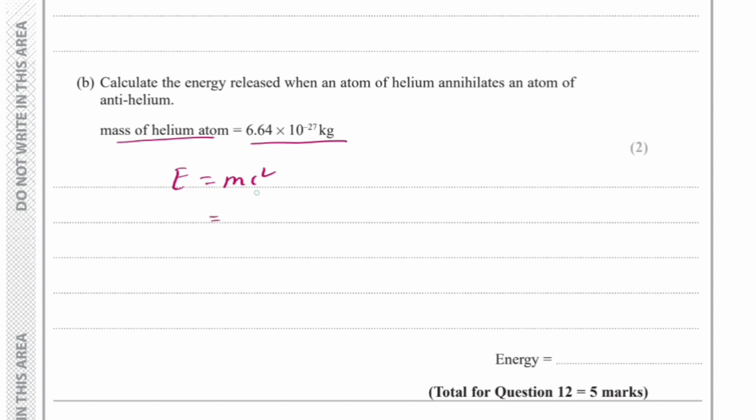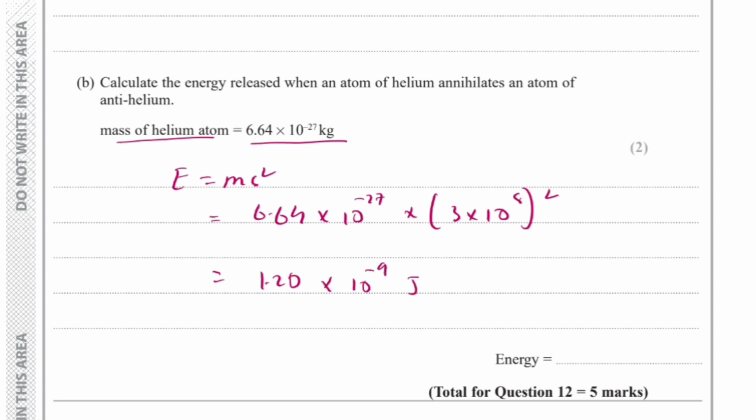We have our mass, we have our c, which is speed. For mass, we're gonna write 6.64 times 10 to the power minus 27, times (3 times 10 to the power 8) whole squared. And our answer is 1.20 times 10 to the power minus 9 joules. Don't forget to mention the unit.